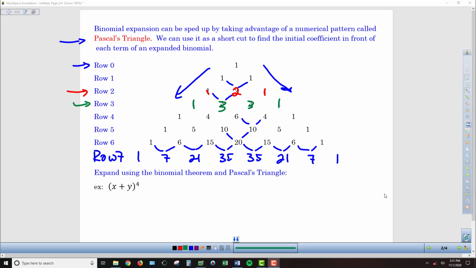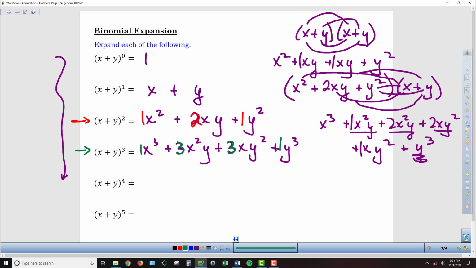So that helps us with those coefficients in front of each term, but what about the exponents on the variables? Well, if we go back, those follow a pattern as well. And so we'll take a look at this row right here, this x plus y cubed. If we look, the exponent on the x in the first term matches the exponent on the binomial in the unexpanded version.